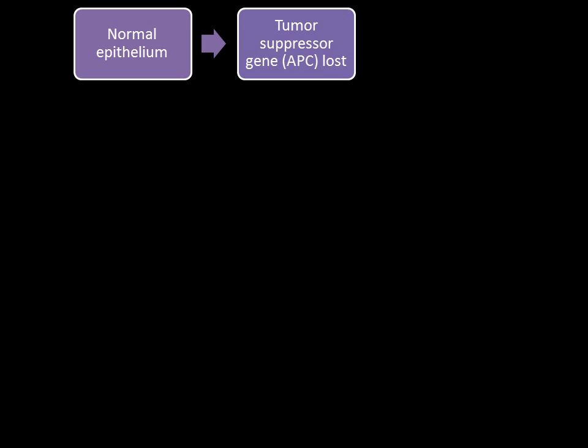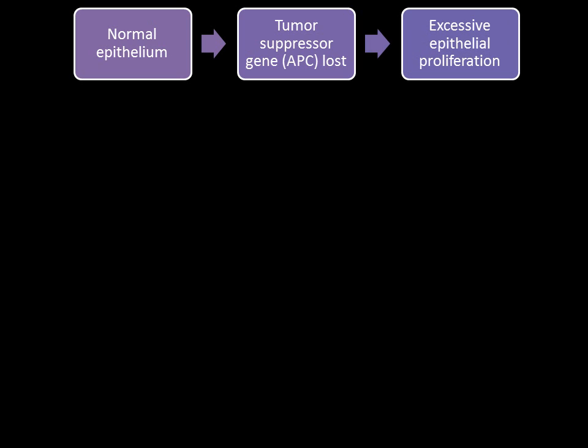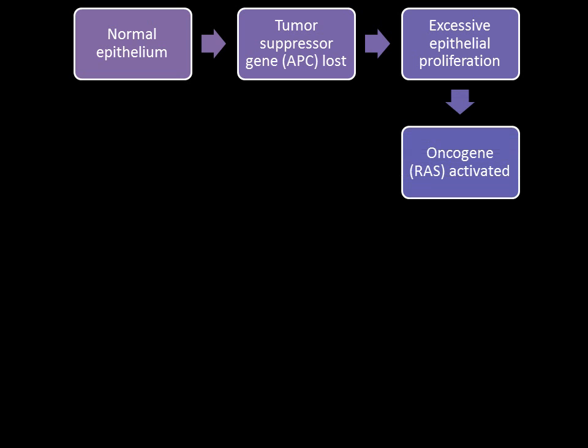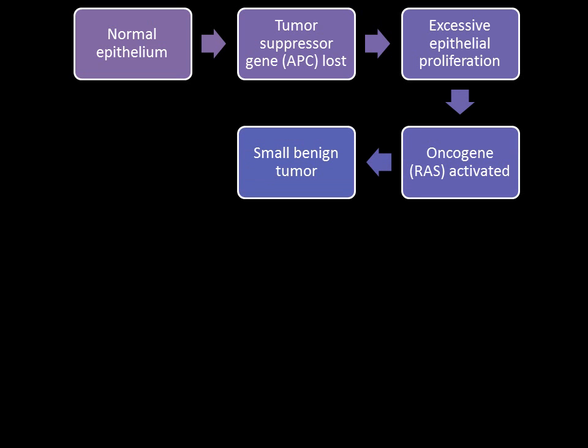So, you start with your own normal epithelial cell. When one of the tumor suppressor genes, APC, is lost, excessive epithelial proliferation will occur. Once oncogene RAS is activated, this will start to form a small benign tumor.